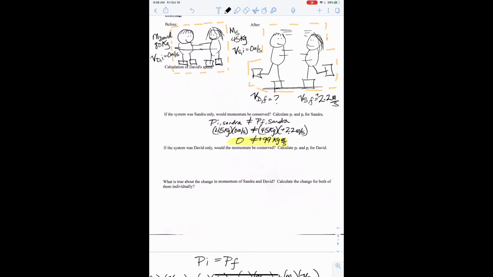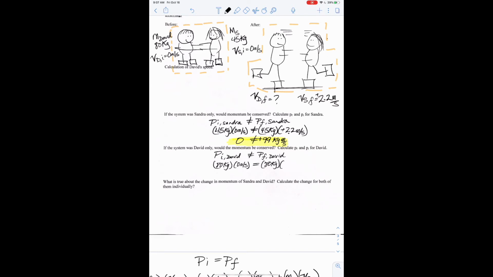So let's look at David. We're expecting for David that it's also not conserved. Whoops, I'm trying to write it the same way, so I'm not writing it differently every time. So Pi of David does not equal PF David. We see this because David's mass is 80. Initial velocity is 0. David's final mass is still 80, of course.